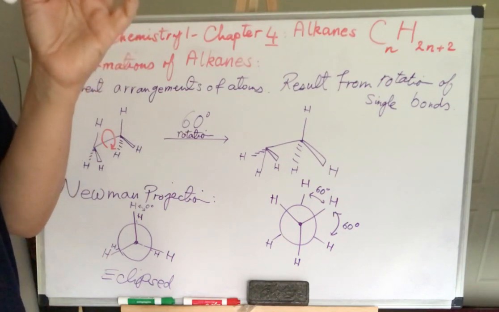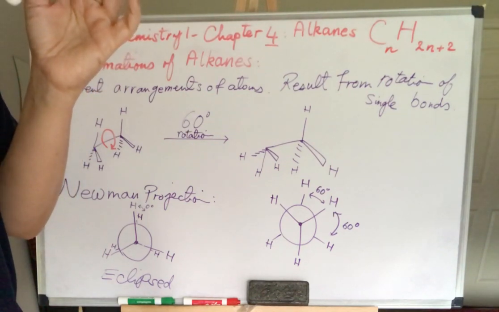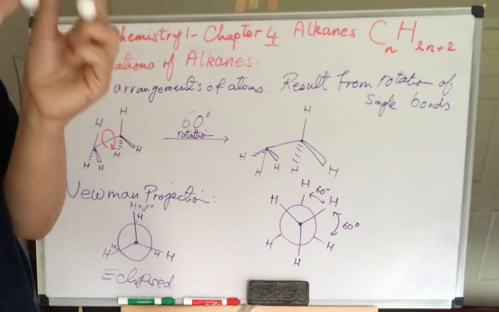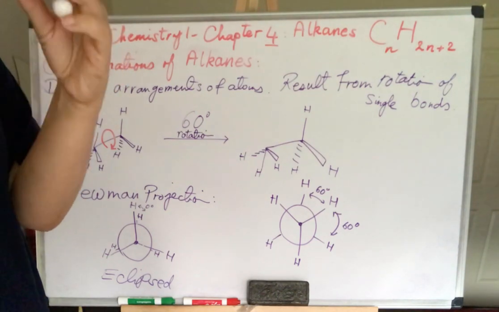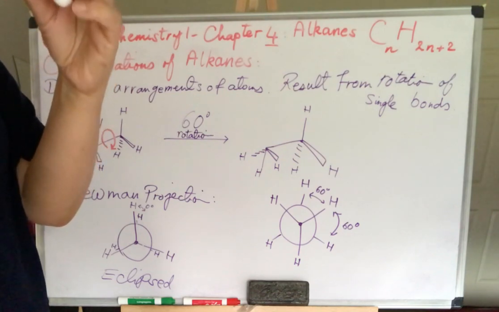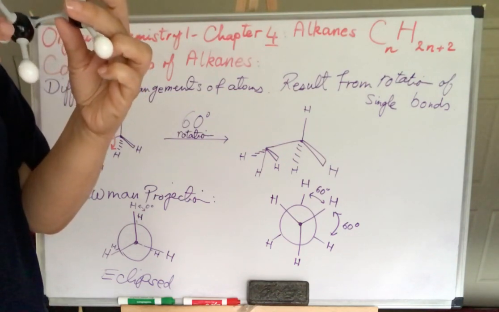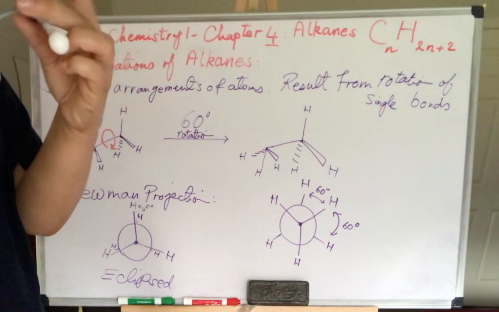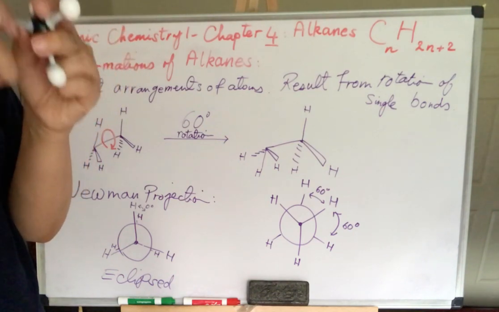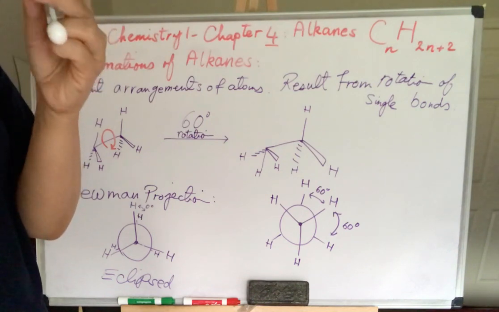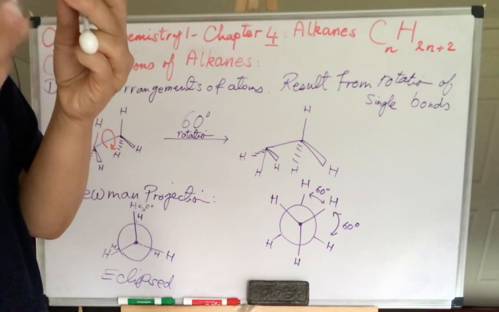Although they are tiny, we have some torsional strain, meaning some strain between the two atoms that eclipse each other. And you will see in other molecules, when these groups are not hydrogen and they're bigger, the torsional strain becomes bigger and bigger, and the molecule becomes less stable.